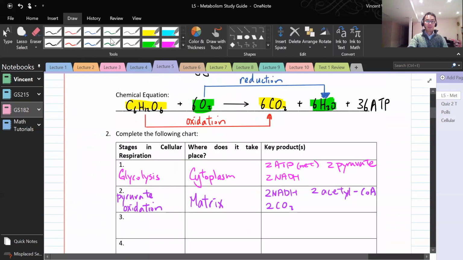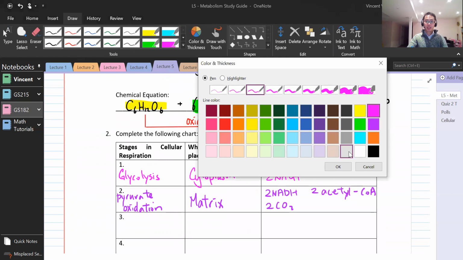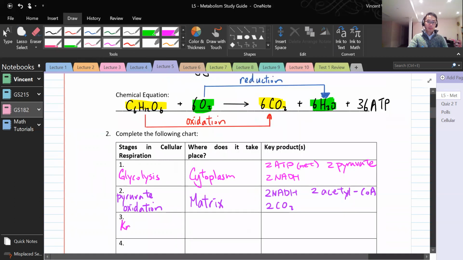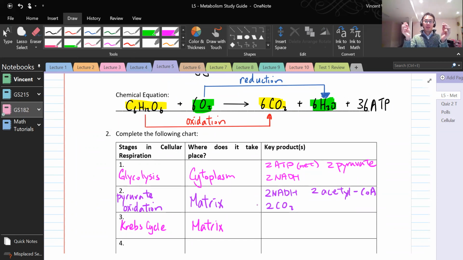The third step is the Krebs cycle, and that happens in the matrix. So remember, one glucose splits into two pyruvate. Each pyruvate will become an acetyl-CoA, and then each one of them will go through a spin.